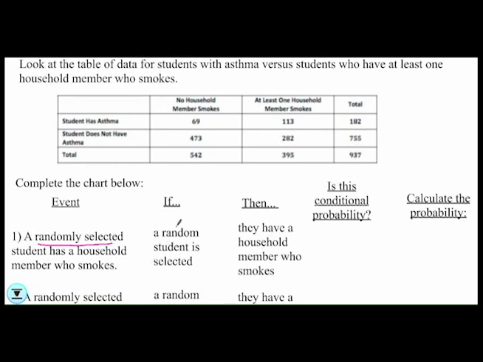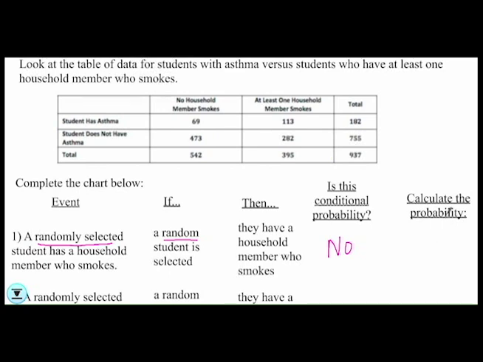Based on the example we did last time, a random student would imply any of these total students here. Since they didn't give us an initial condition, it's not necessarily one with asthma or one without asthma. So this is not conditional probability.